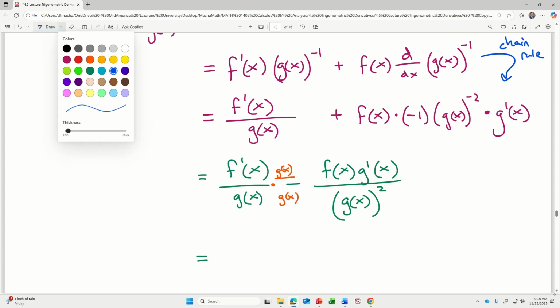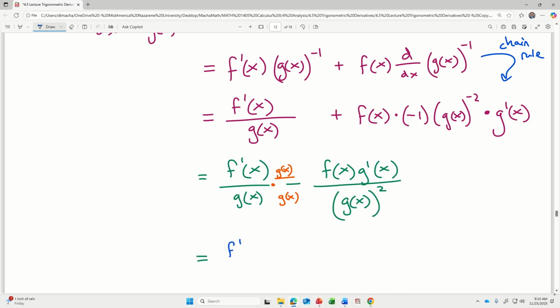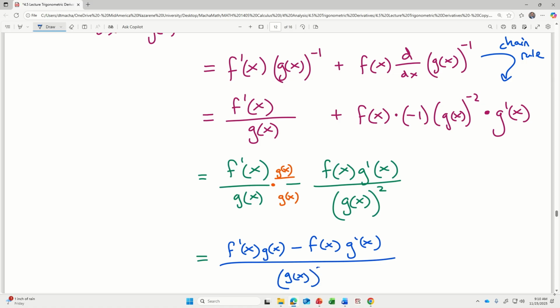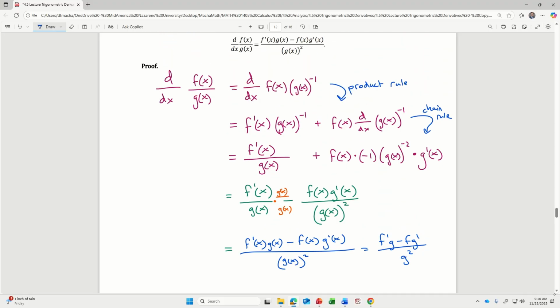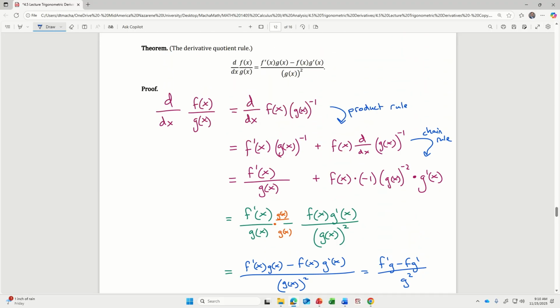And that way I can get my final answer, which is going to be f prime of x times g of x minus f of x times g prime of x divided by g of x all squared. Or as I like to remember it, f prime g minus fg prime divided by g squared. But that's my proof of the derivative quotient rule.